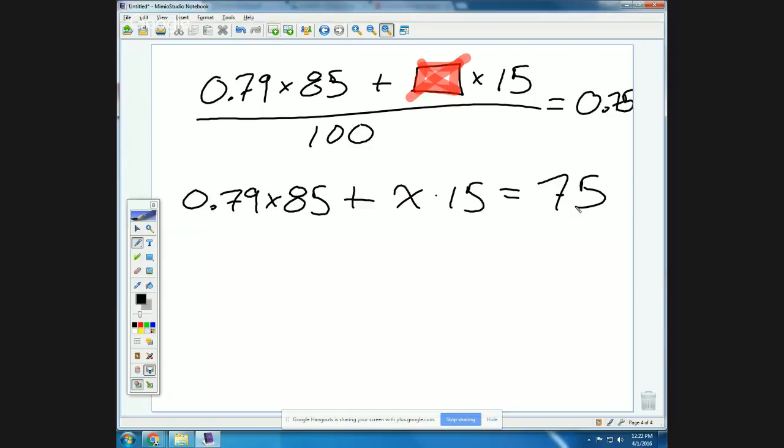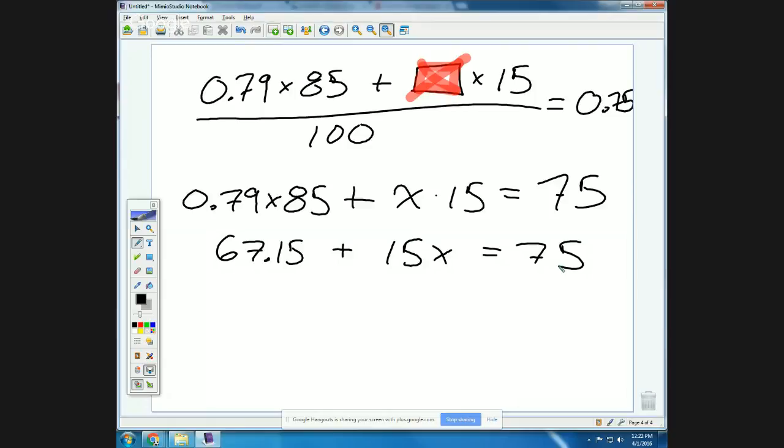Now we already figured out that 0.79 times 85 is 67.15 if we go to its full accuracy. So I'm just going to clean this up again: 67.15 plus, a lot of people would write that as 15x. That's fine. What should I do next? Yeah, get rid of the 67.15.